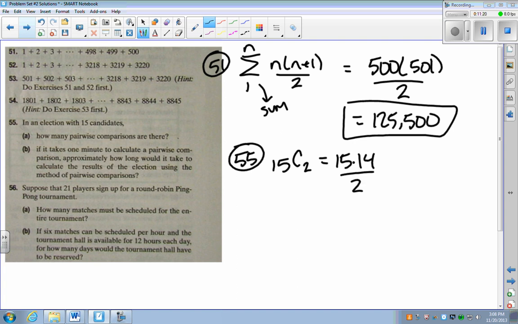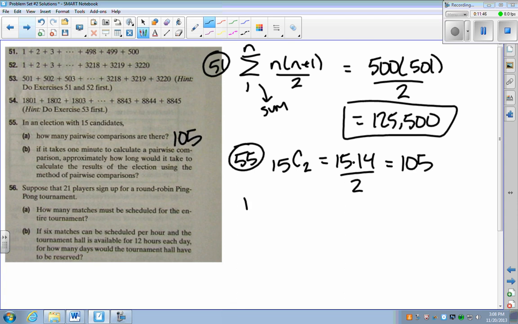That's why we cut it in half. When we compare A and E, if we compare E and A, it's the same thing. So what this comes out to be is 105. So there's 105 comparisons. 15 people, you're just making groups of 2.